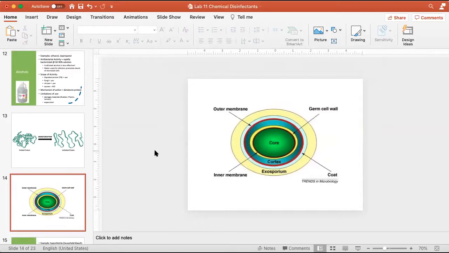The purpose of a spore is to keep that genetic material safe until the conditions in the environment are good again and promote the health and growth of living cells. So alcohol just doesn't help us when it comes to destroying spores.